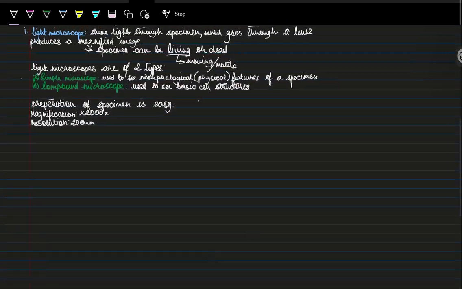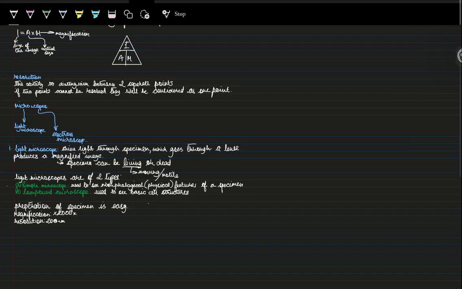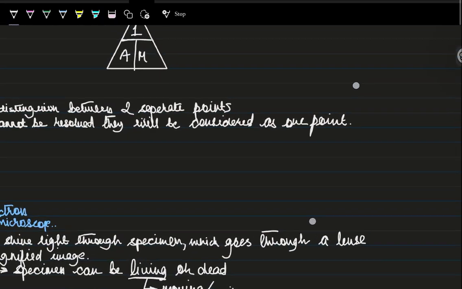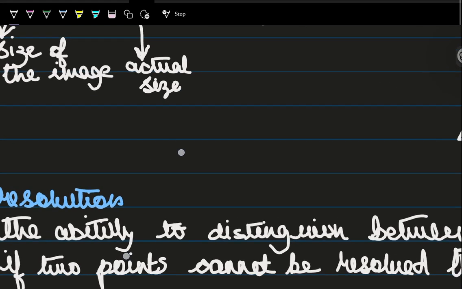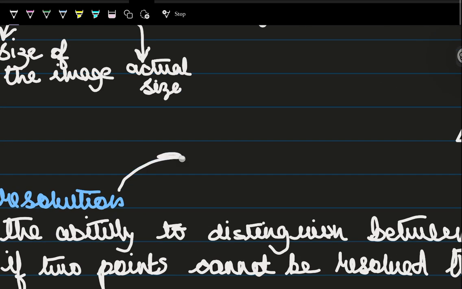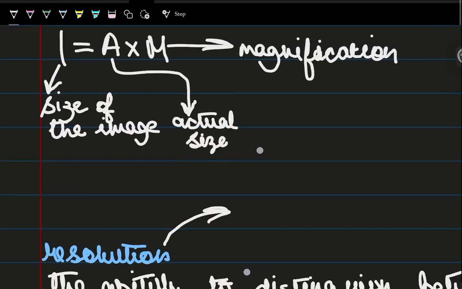So if you don't understand why I use nanometers, let me go back to the resolution thing. So resolution is basically related to the distance between 2 points.